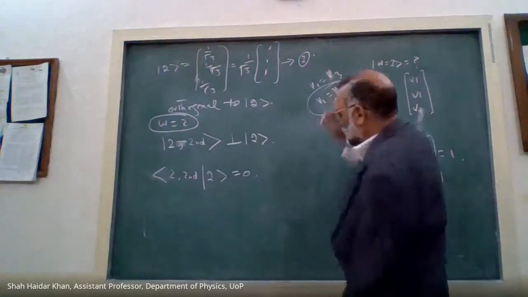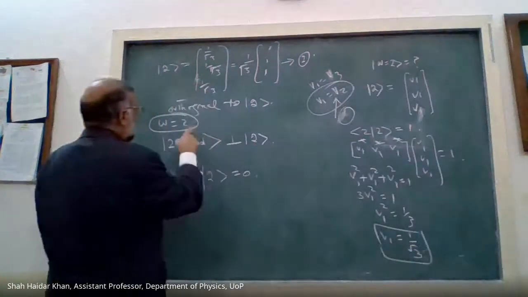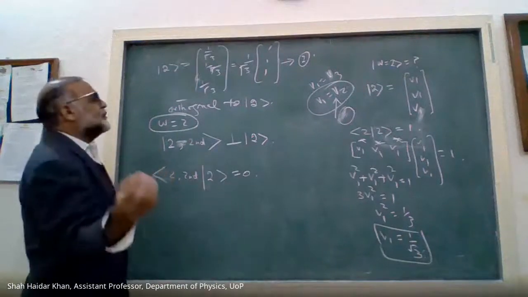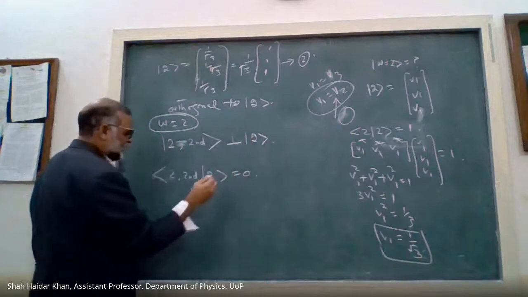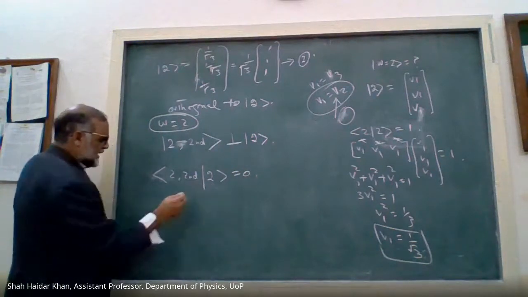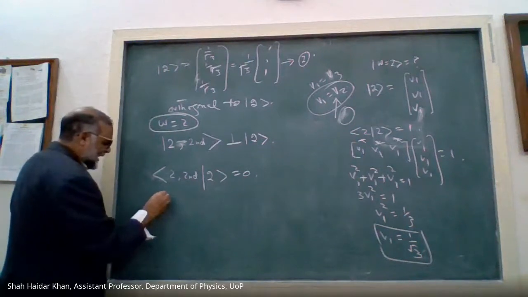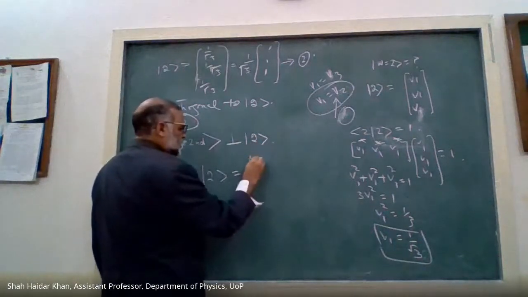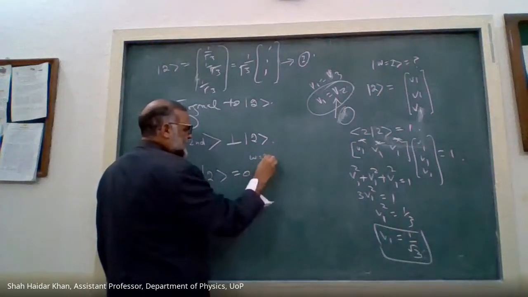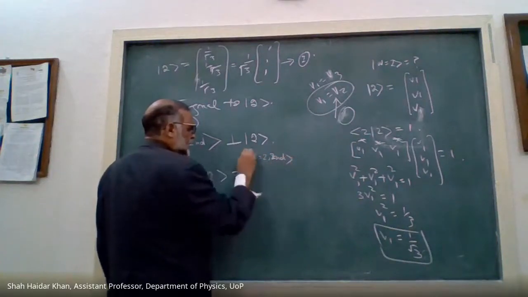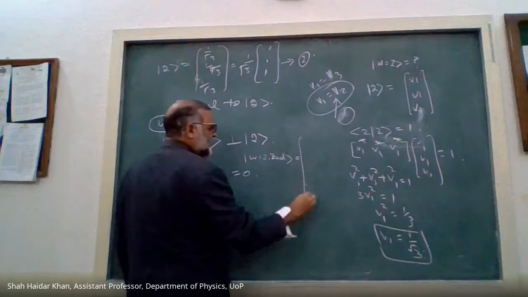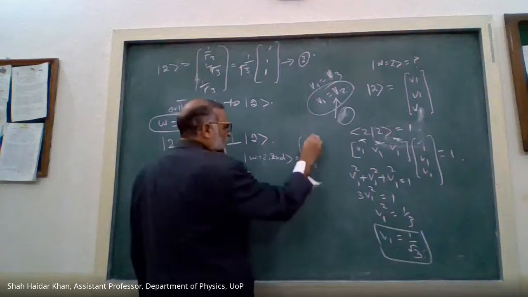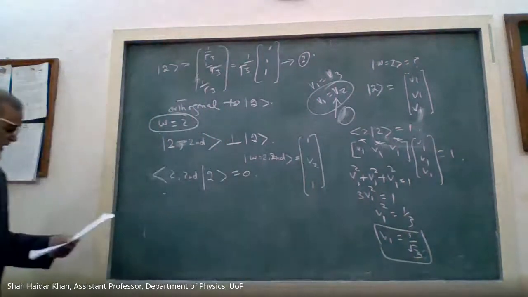If one vector is this thing, let us make it different. So we make it different. Eigenvalue 2, second, is supposed to be like this: 1, 1, V2.